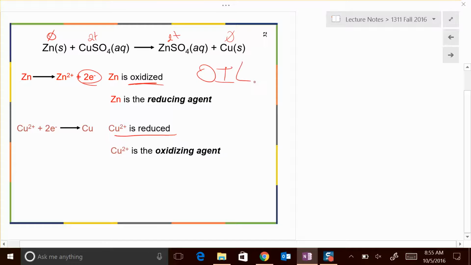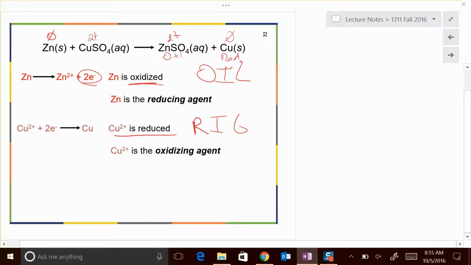Oxidation is loss. Copper is reduced because reduction is gain. It gained electrons. Okay? So that's how I would identify it from this reaction right here: what was reduced, what was oxidized. So I would come up here and I would say zinc is oxidized, copper is reduced.